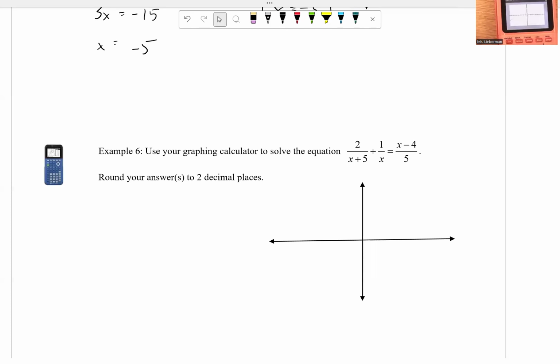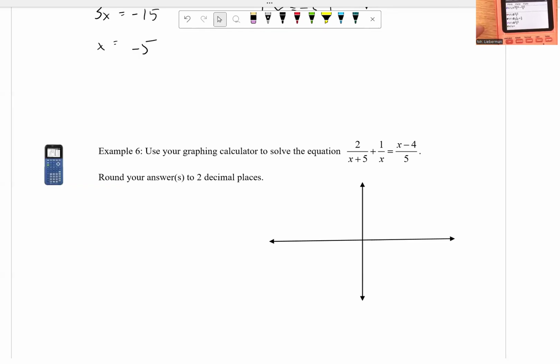If I were to graph this now, it'd look a little bit crazy because this is Y1, this is Y2, this is Y3, and Y4. So first of all, I want to get rid of the junk here. Take a look. See that equal sign?